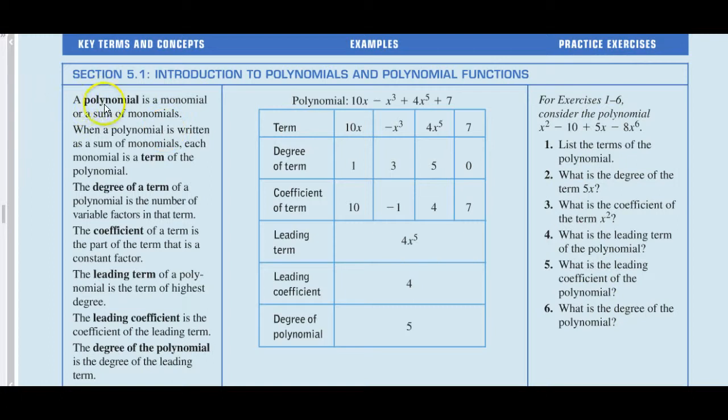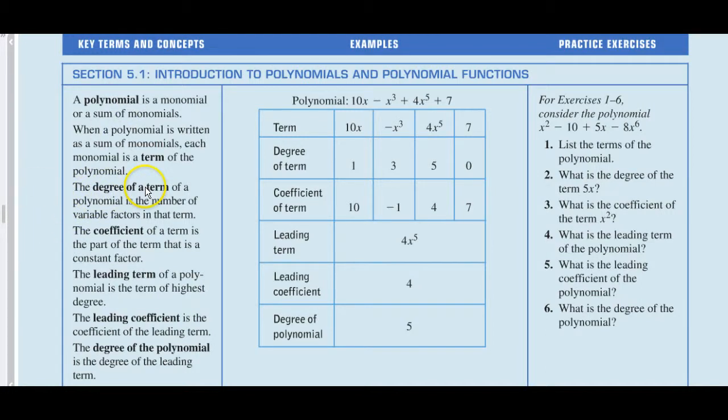So what is a polynomial? A series of terms separated by pluses and minuses, and there are no variables in the denominator, or in the numerator variables with negative exponents.